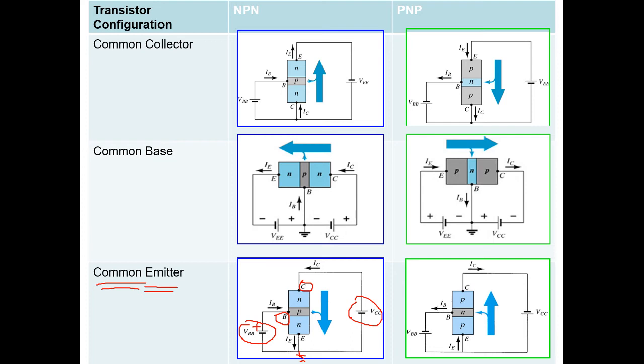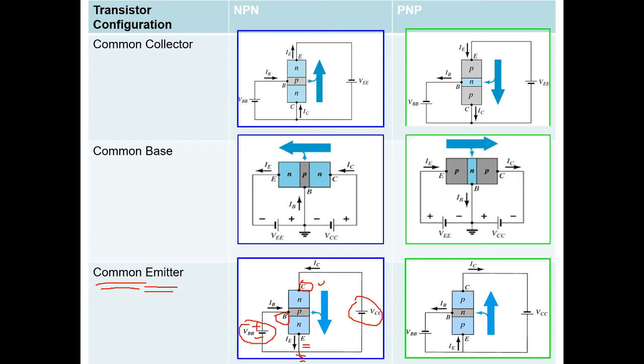The other part is negative. You know that negative is connected to the ground, which is connected to the emitter because the name is common emitter. So what happens to your collector? How do you put the biasing to your collector?